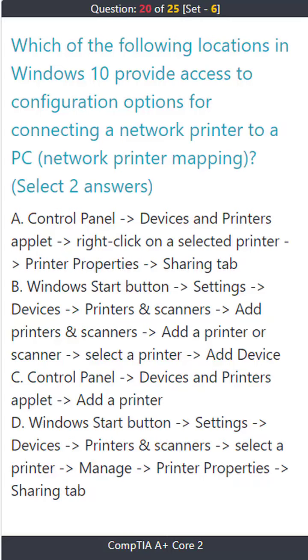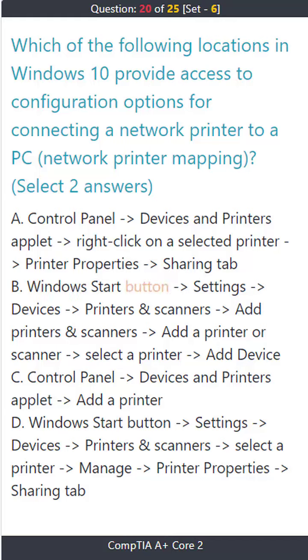Question 20. Which of the following locations in Windows 10 provide access to configuration options for connecting a network printer to a PC? Network printer mapping. Select two answers. A. Control Panel - Devices and Printers applet - right-click on a selected printer - Printer properties - Sharing tab.